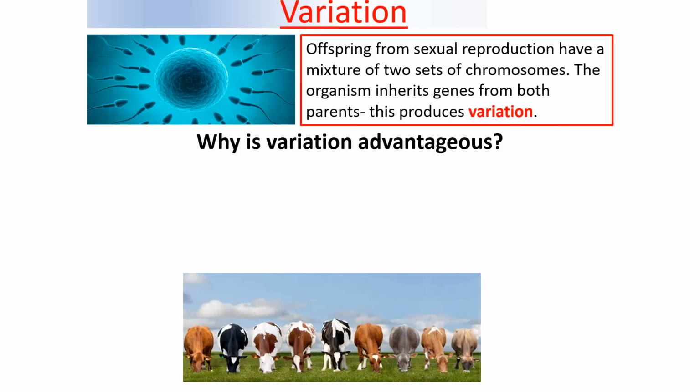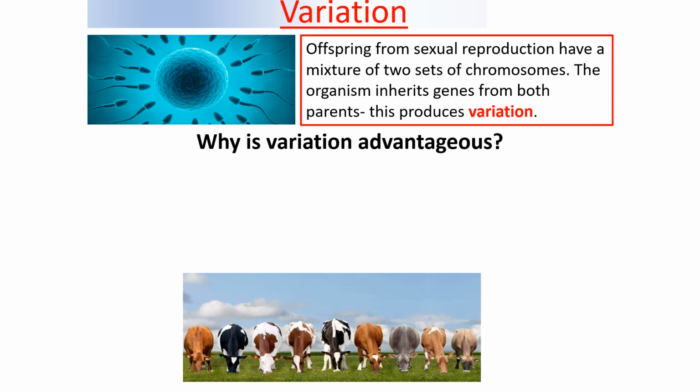Variation. The differences between asexual and sexual reproduction are reflected in the different types of cell division involved. Offspring from sexual reproduction have a mixture of 2 sets of chromosomes. The organism inherits genes from both parents. This produces the variation.